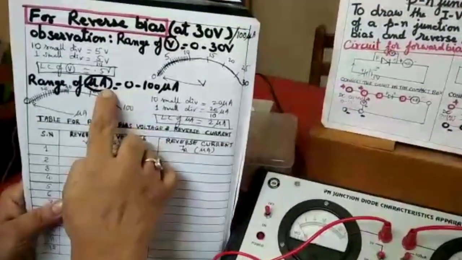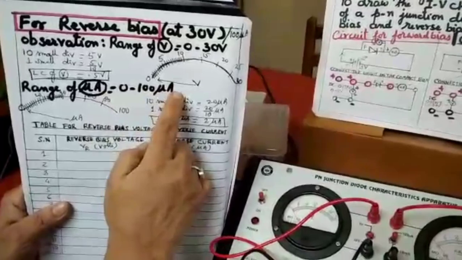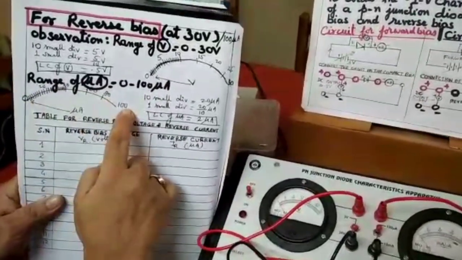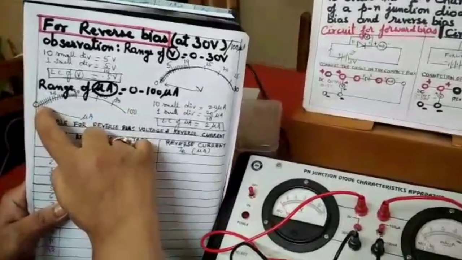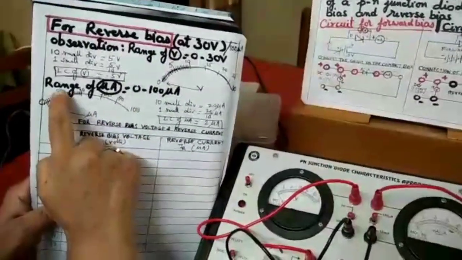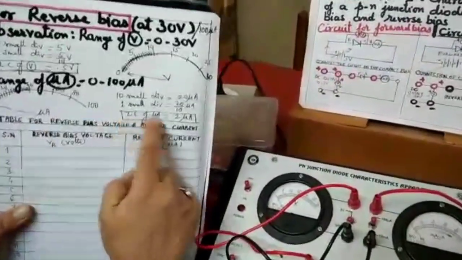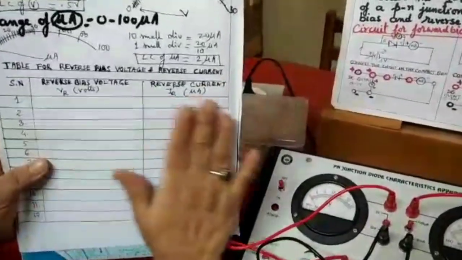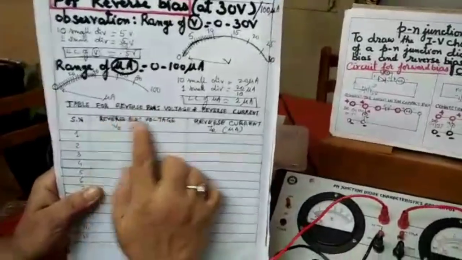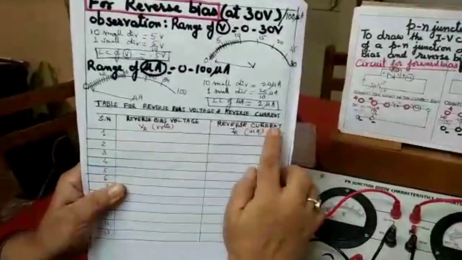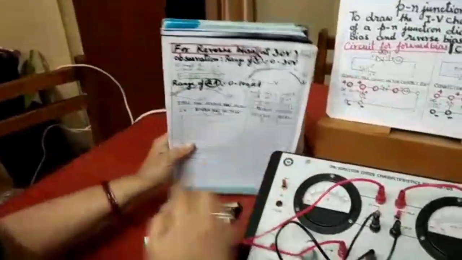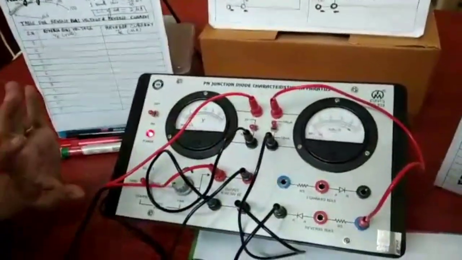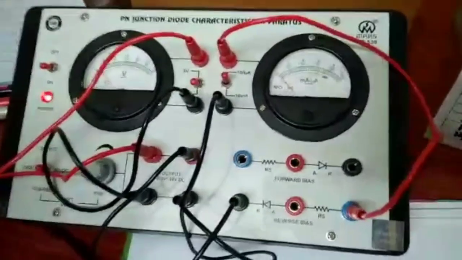The microammeter range is 0 to 100 microampere, and a small division is equal to 2 microampere, so the least count is 2 microampere. Here is the table of reverse bias voltage and reverse current. Now let me start and show you how to take the reading.